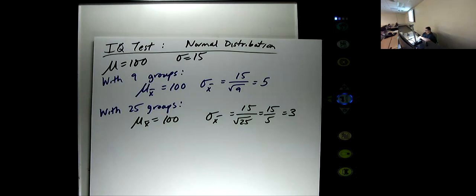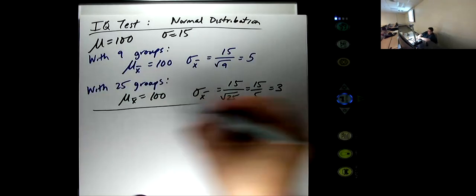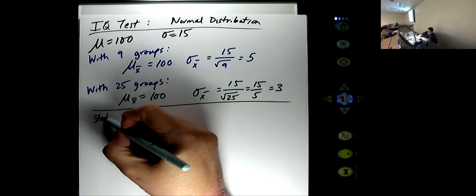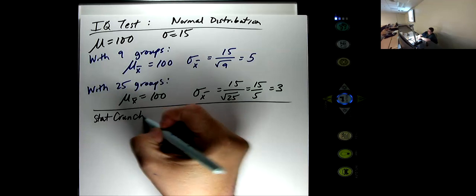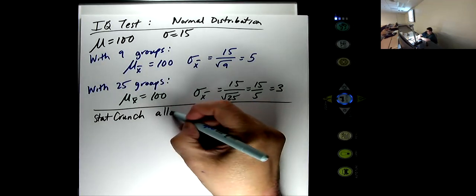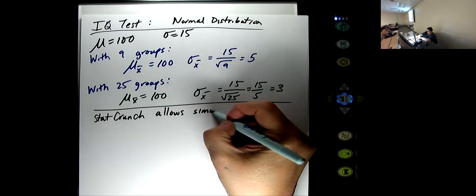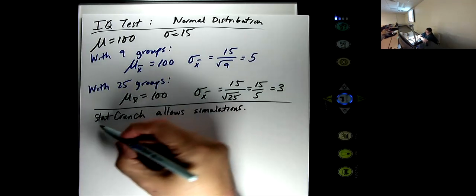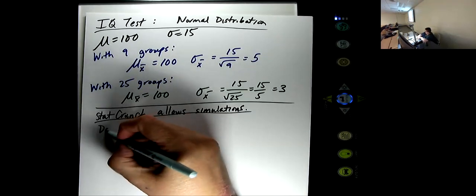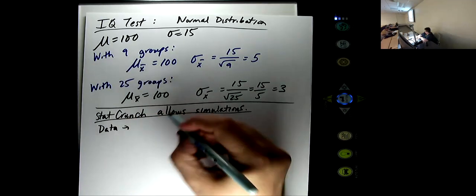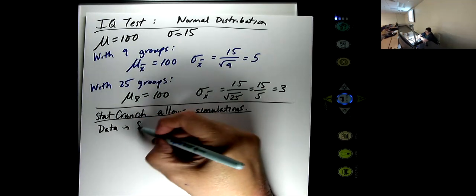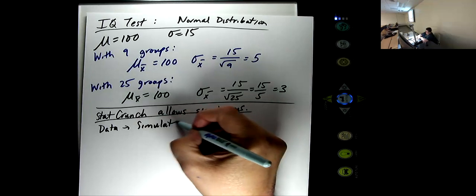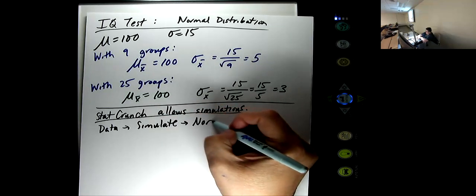So this is kind of neat. StatCrunch allows you to simulate some of this. You don't need to do it, but I'm going to tell you how to do it. So we're going to simulate IQ testing. If you go data, simulate, it gives you a bunch of different options. What I did for the following was normal.